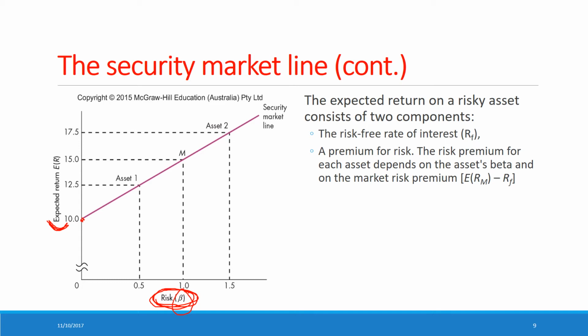So under the capital asset pricing model, or the CAPM model, the expected return of a risky asset comprises two components. The first component being the risk-free rate. So I'm just rewriting the model over here to make it easier. So the individual asset return is equal to the risk-free rate plus beta times the market risk premium, right? Market excess return.